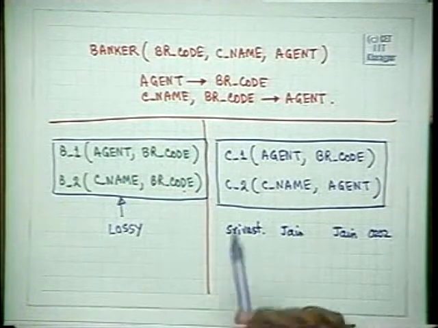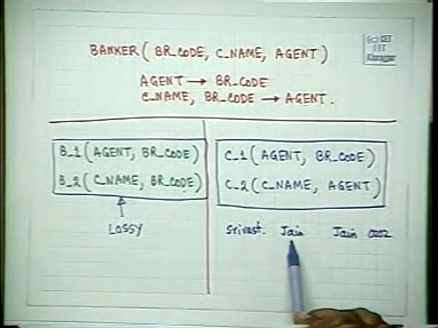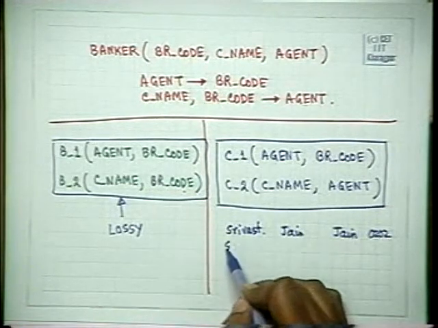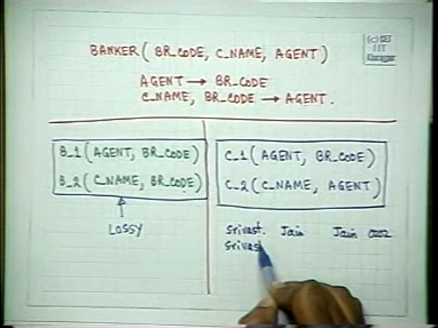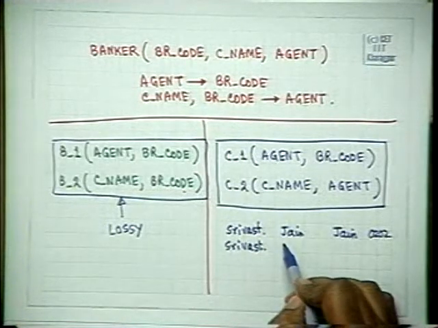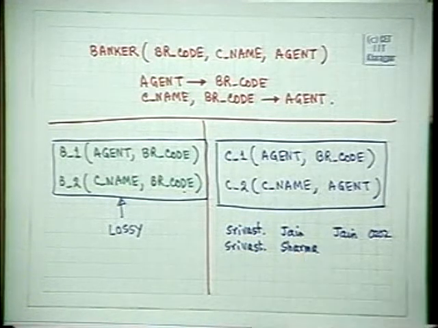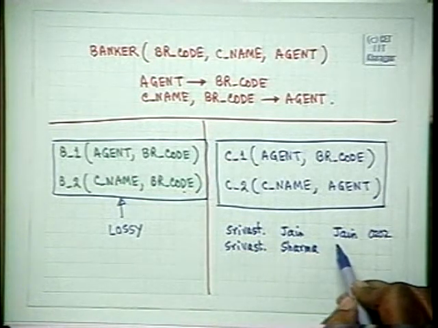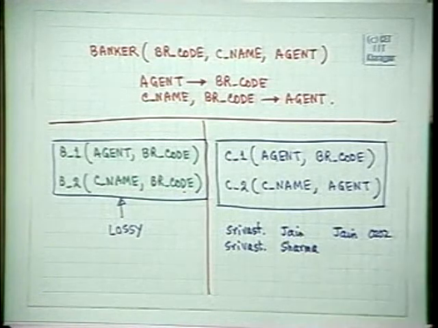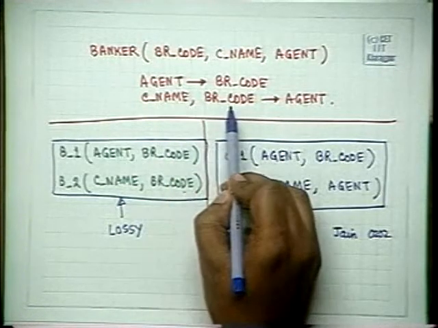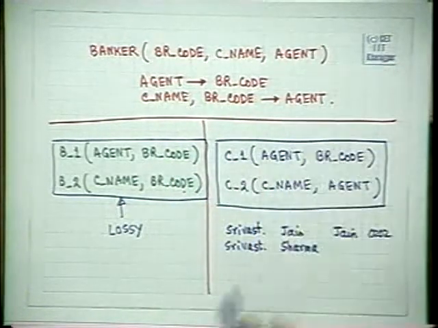If Srivastava has got another agent, say Sharma, then you are not going to have Sharma with 0202. That is not there in the original relation, because customer name and branch code will give you agent.